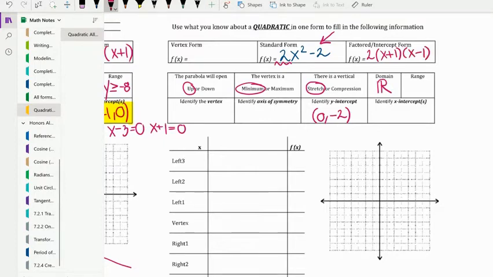So because we have factored form, now we should be able to find the x-intercepts. So the x-intercepts are going to be (-1, 0) and (1, 0). Okay, so next step is to find vertex form.